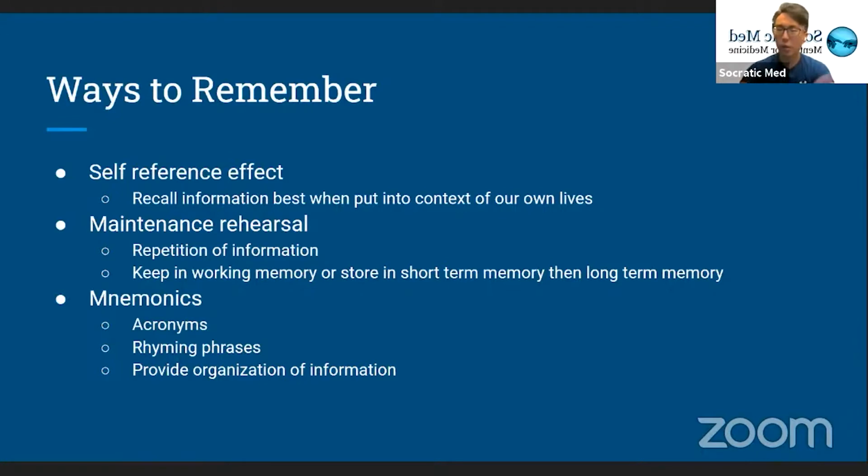A lot of commercials use phrases that rhyme, so then we'll remember it in our head and it's easier to remember later in the future. All these different mnemonics provide organization to information. We'll have a whole bunch of information, but if we can consolidate it into something small and concise, it'll be a lot easier to remember in the long run.